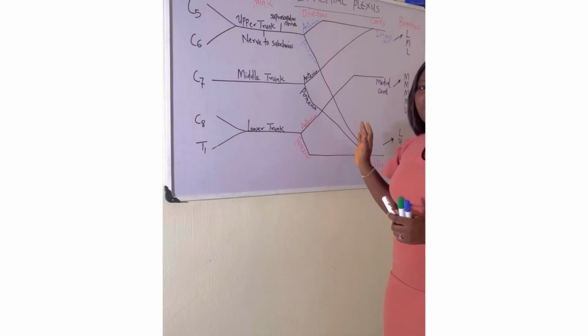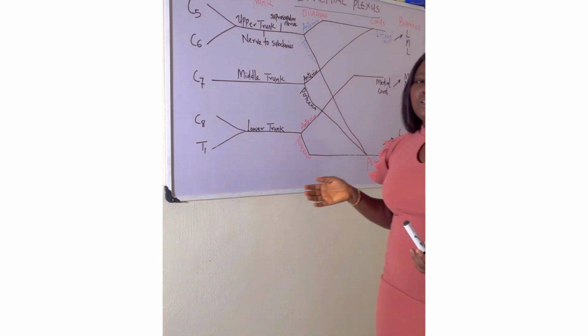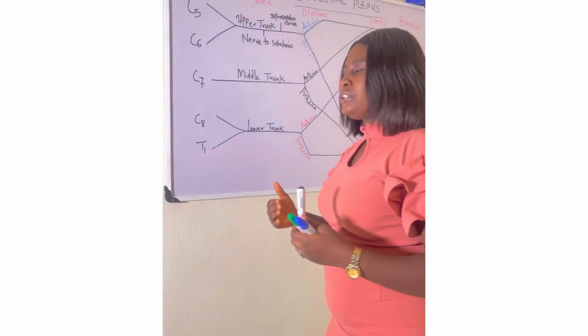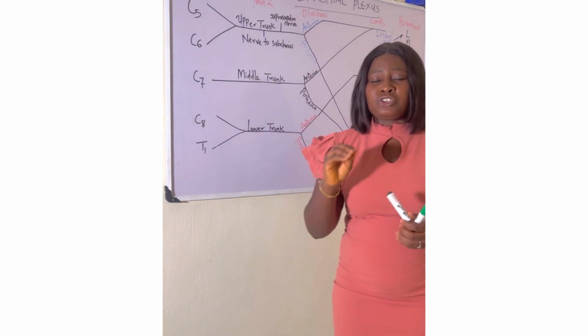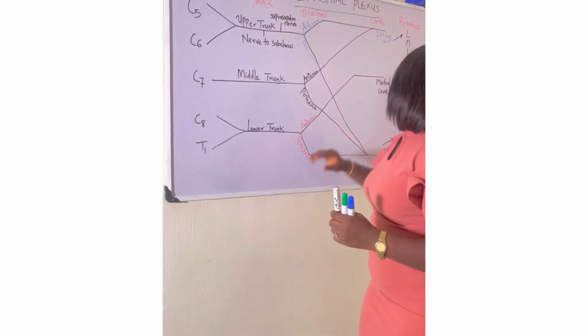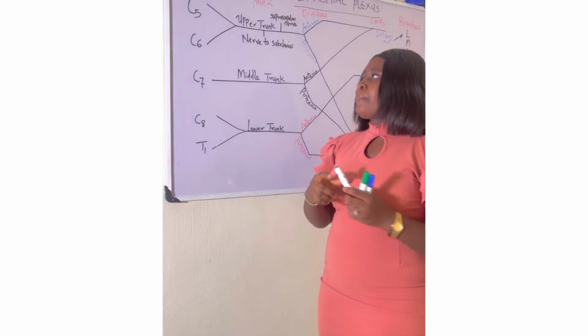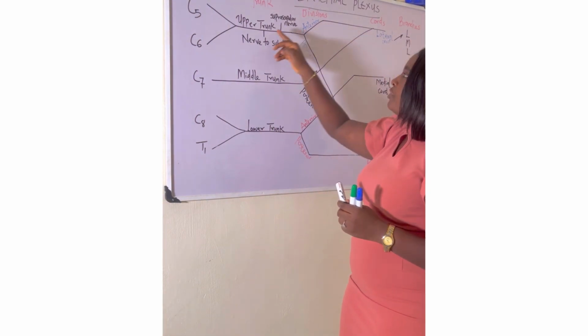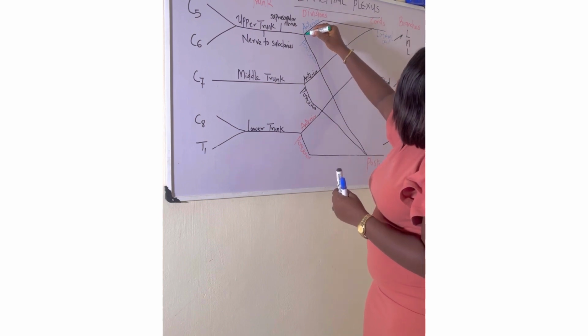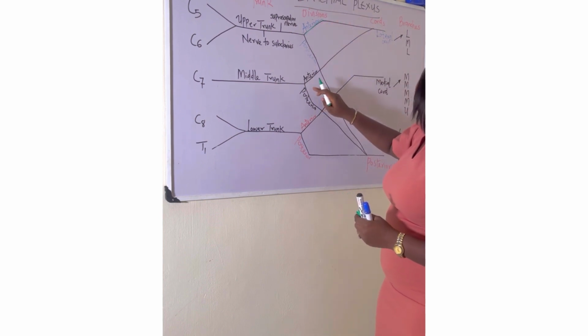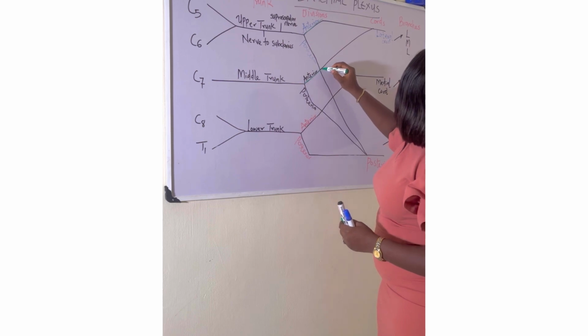There are about 3 cords of the brachial plexus. We have the lateral cord, the medial cord, and the posterior cord. So how do the lateral cord, the medial cord, and the posterior cord form? Remember I said that each of the trunks is divided into divisions. So the lateral cord is formed by the anterior division of the upper trunk and the anterior division of the middle trunk.